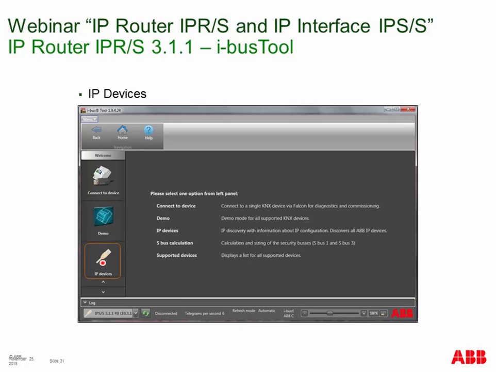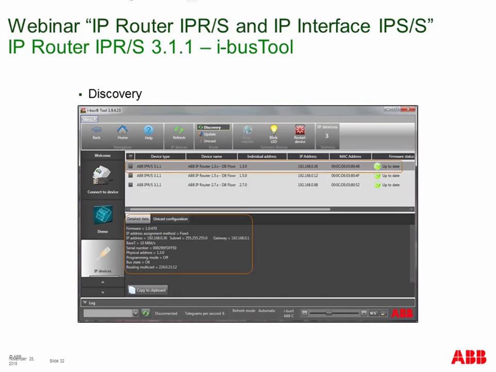If you open the software, not connected to a device, you click on IP device. So if your PC is connected via Ethernet to your network, and behind there you find any IP devices like IP router, IP interface, then if you click here on IP devices, you should see all connected KNX IP devices in this screen.